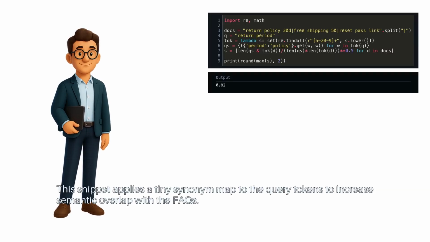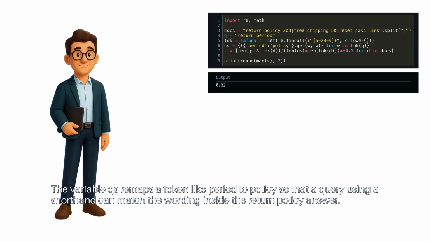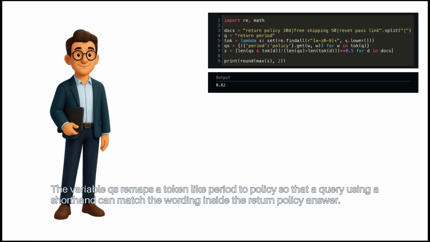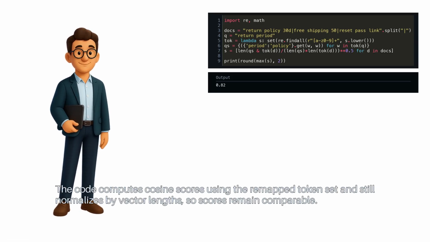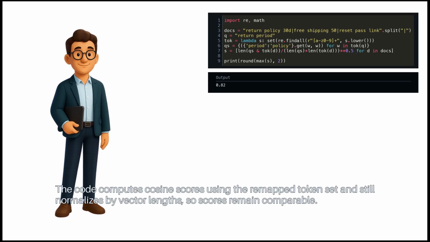This snippet applies a tiny synonym map to the query tokens to increase semantic overlap with the FAQs. The variable QS remaps a token like period to policy so that a query using a shorthand can match the wording inside the return policy answer. The code computes cosine scores using the remapped token set and still normalizes by vector lengths, so scores remain comparable.